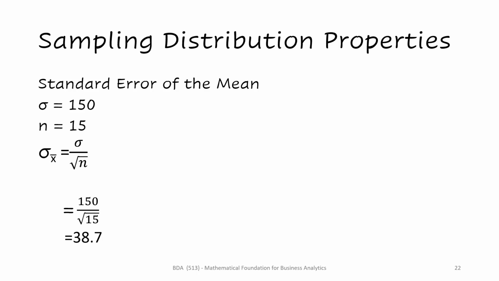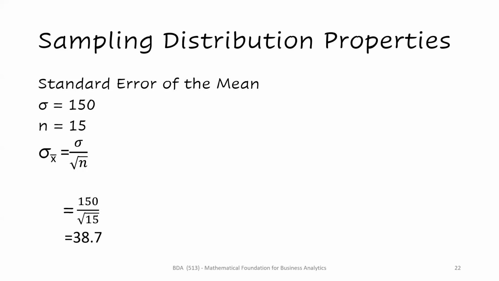So we go back to the original sample size, the number that you have within each sample. Is that okay? Yes, thank you. So in this instance, it doesn't matter the number of samples you are taking, the sample size for that particular one is 15.